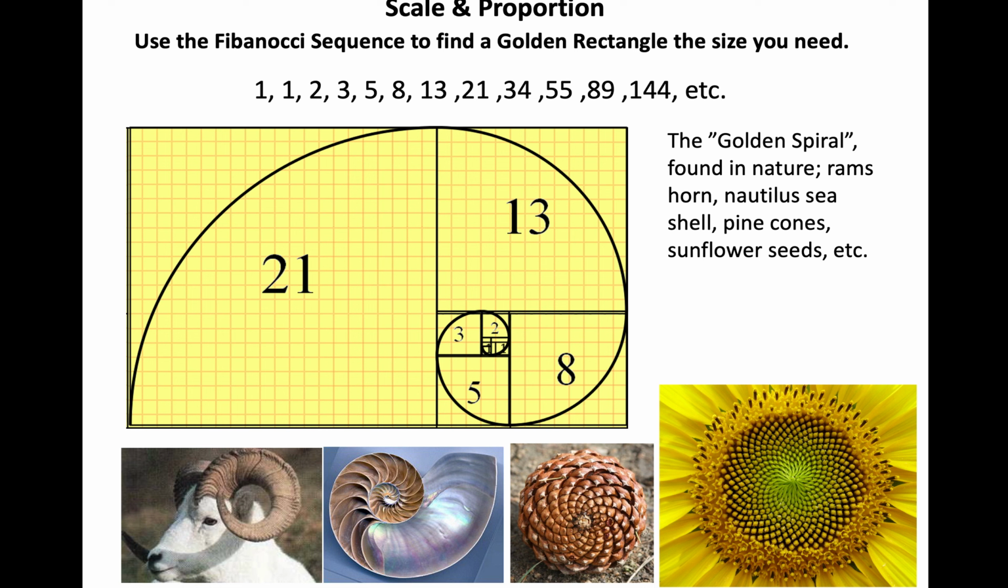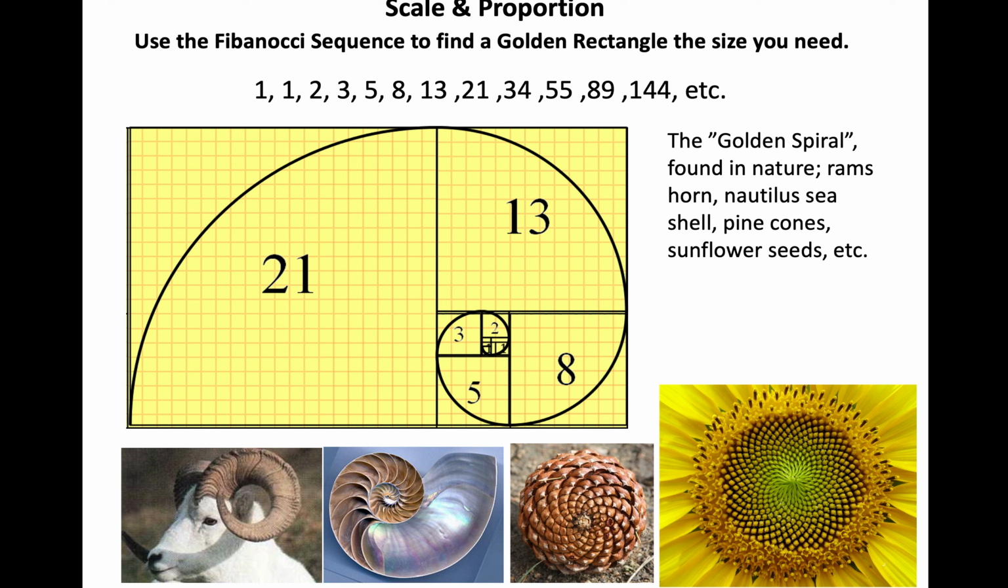Well, the Fibonacci sequence is actually the foundation for the golden rectangle and the proportions. If you take the sequence of numbers 1, add 1 to it, equals 2, and then you add each adjacent number. So 1 plus 2 is 3, 2 plus 3 is 5, 3 plus 5 is 8, etc., and you just keep going.